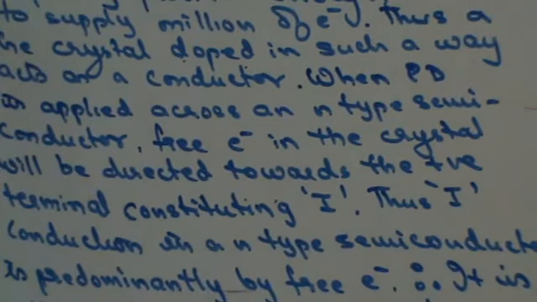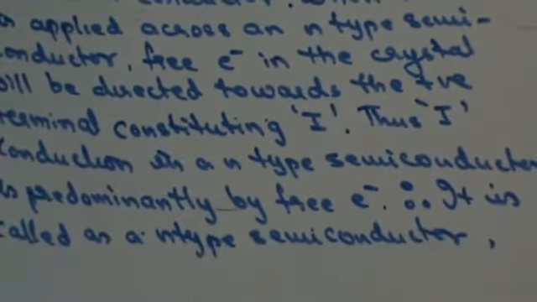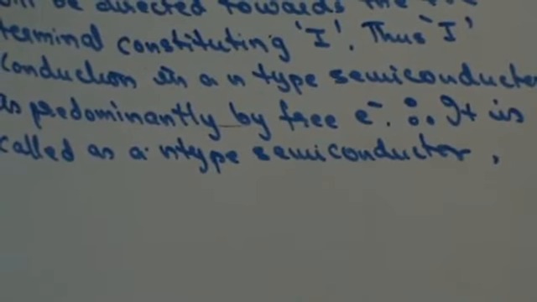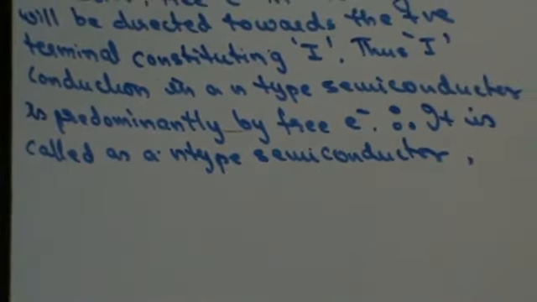So do we understand n-type semiconductor? You have a pentavalent impurity added, which increases the number of negative charges, which causes the electrons to flow when a potential difference is applied. So what are the important things that you need to remember about an n-type semiconductor?